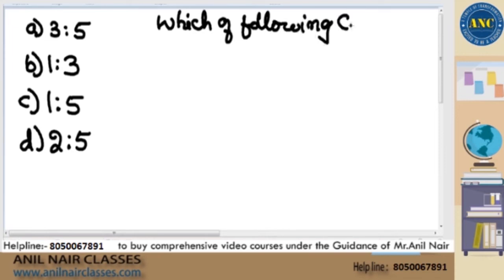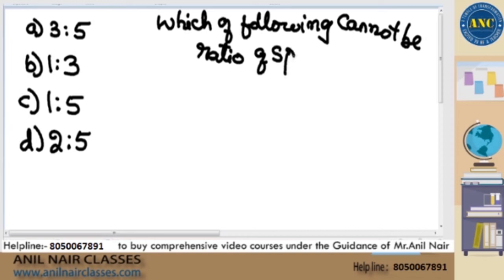Which of the following cannot be the ratio of speeds of 2 joggers on a circular track?